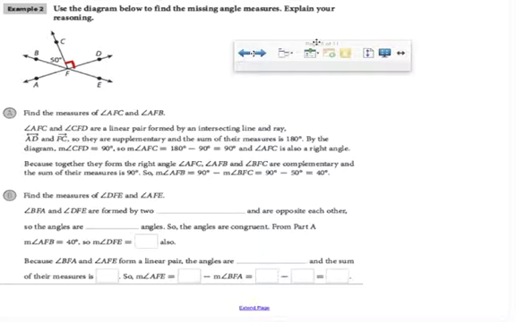So since angles BFA and DFE are formed by two intersecting lines, and are opposite each other, the angles are vertical angles.